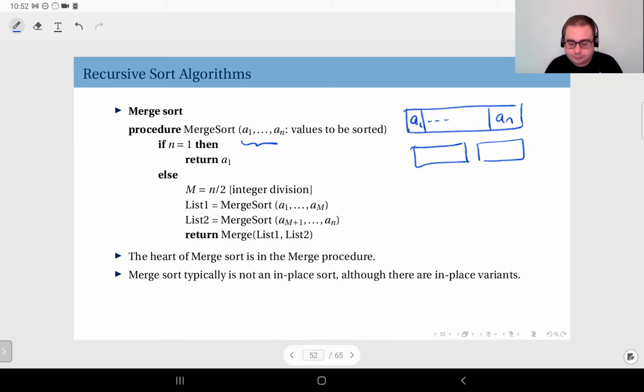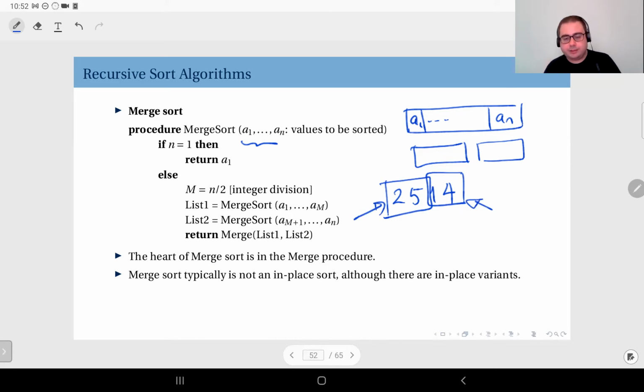So for instance, if your sequence is 2, 5, 1, 4, you divide this into 2, and then you merge sort these 2 subsequences, 2, 5, and 1, 4. Now, essentially, what you do is you again split it in half. You have 2 by itself, 5 by itself, and you also split this 1 by itself, 4 by itself.